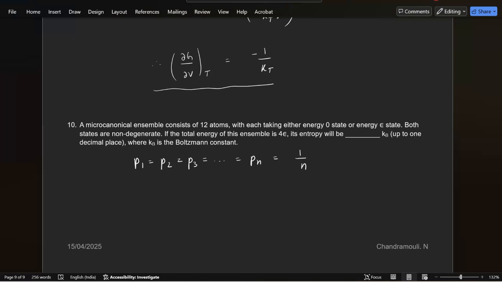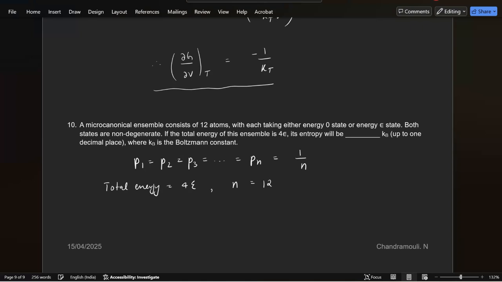Now what we need to find out is, the total energy in this ensemble is 4 epsilon, and the number of atoms is equal to 12.